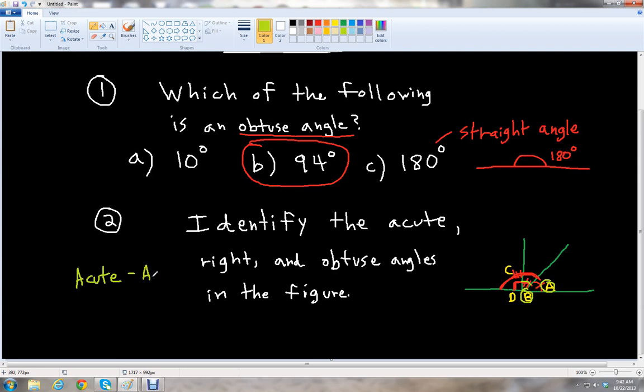So angles A and B are acute. And then for the right angle, we see that this one with the angle with the square here, 90 degrees, is angle D. So that's our right angle.